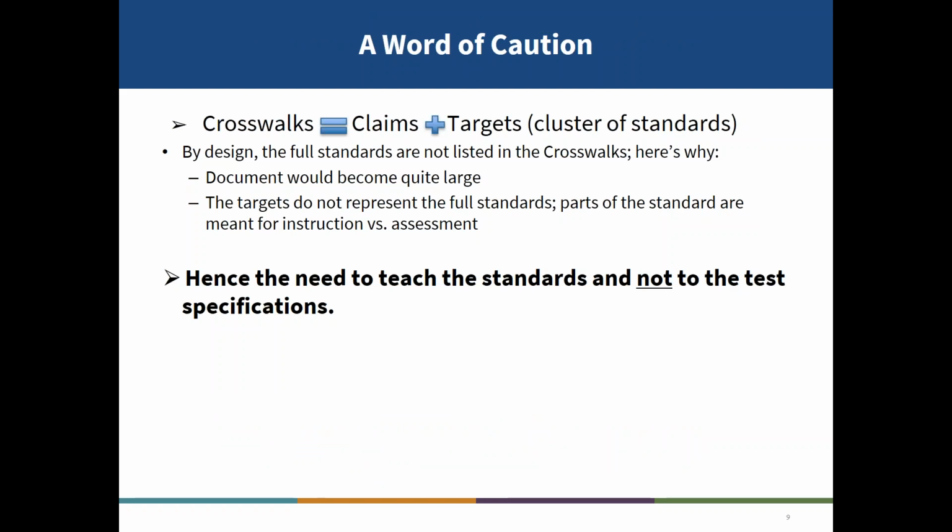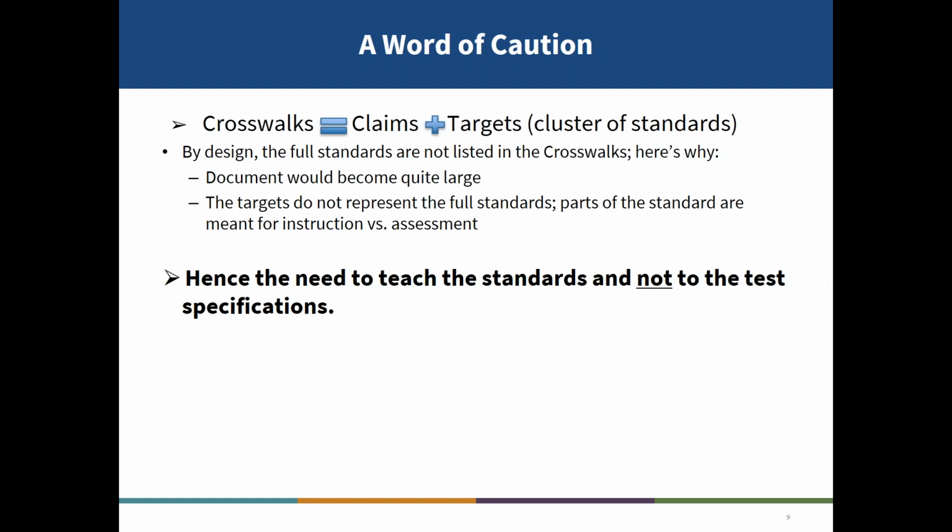So just a word of caution: the crosswalk, as I mentioned, is a connection between the claims, the critical ideas, the targets, and then the standards. But by design, not all the standards are listed in a crosswalk.